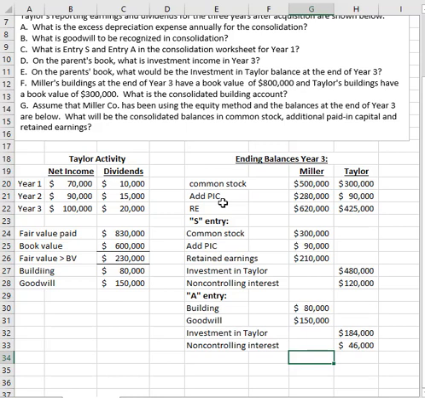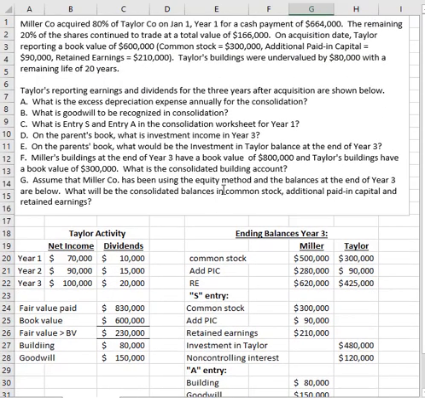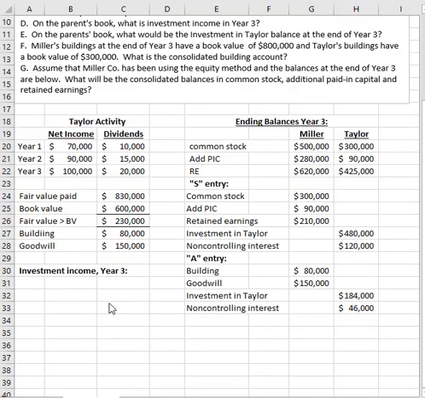All right. Now they want the investment income in year 3. All right, so let's work on that. So the investment income that's going to be on the parent's books is going to be 80% of the subsidiary's net income and 80% of any amortization of the fair value over the book value. All right, and so let's do the math here.